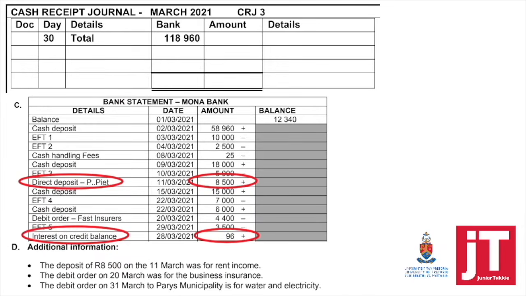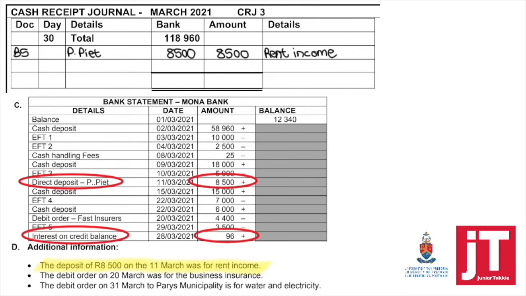So in our cash receipts journal, we are going to have direct deposit from Pete, 8,500. And if you go to the additional information, this was for rent income. So: source document, bank statement; from who did we receive the money, how much did we receive, for what reason.